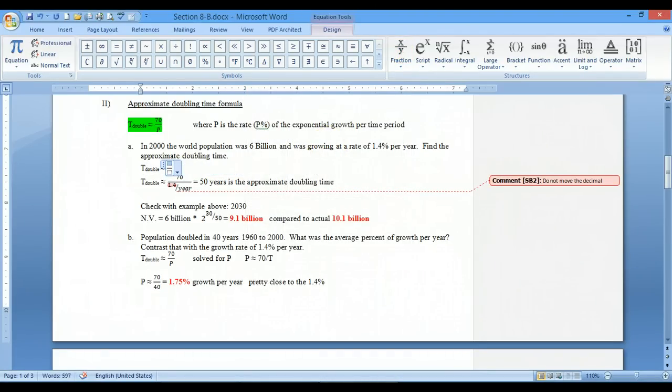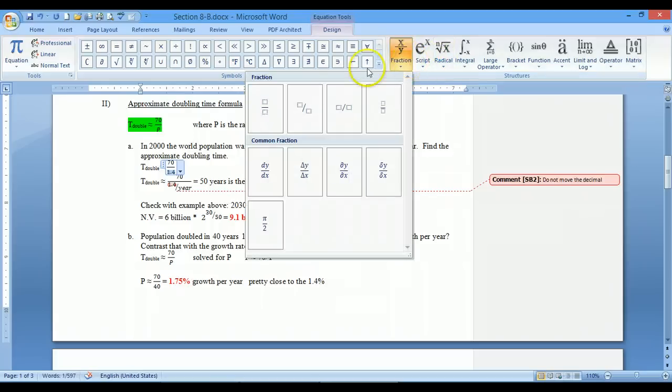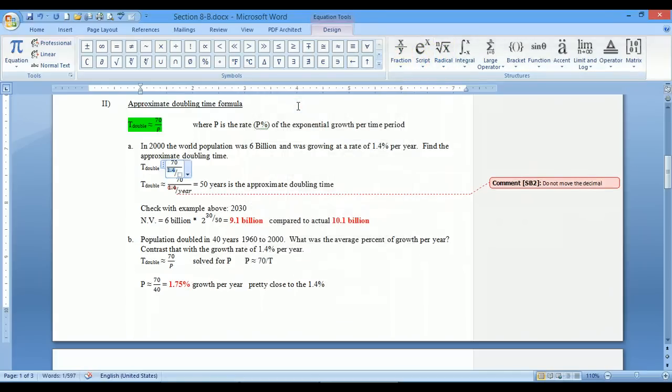Using your arrow button over, 70, down arrow, 1.4, because it was 1.4% per year. So I'm going to do per year by highlighting this and giving me another fraction, per over, down arrow, year.